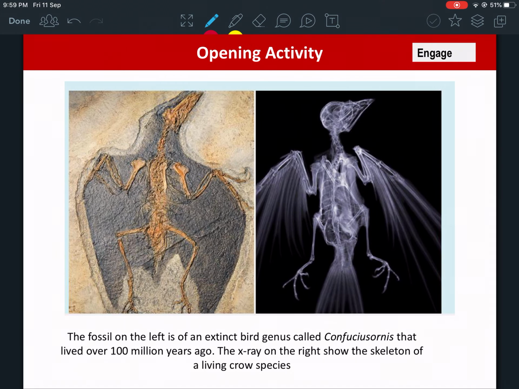These two drawings show you a fossil from 100 million years ago, and this is an x-ray of a crow species, which is a kind of bird living today.